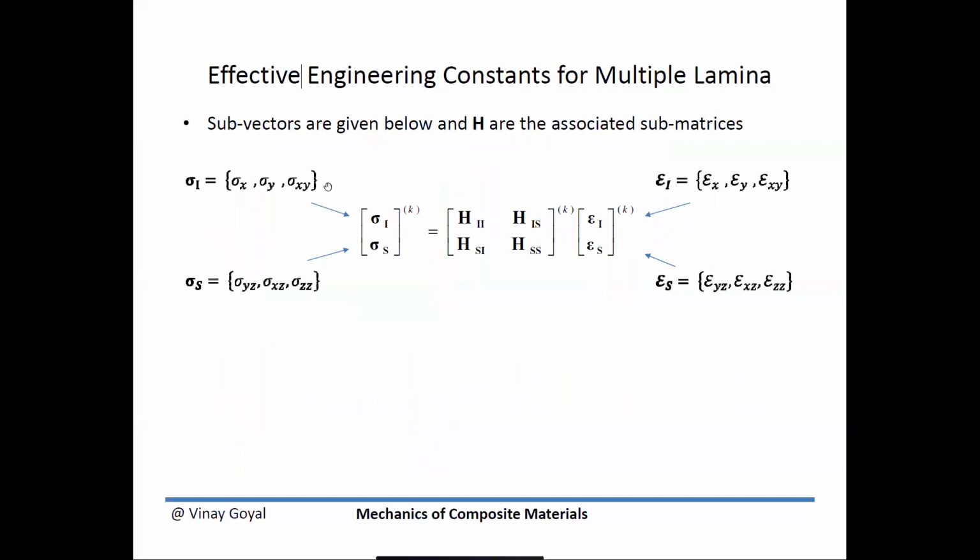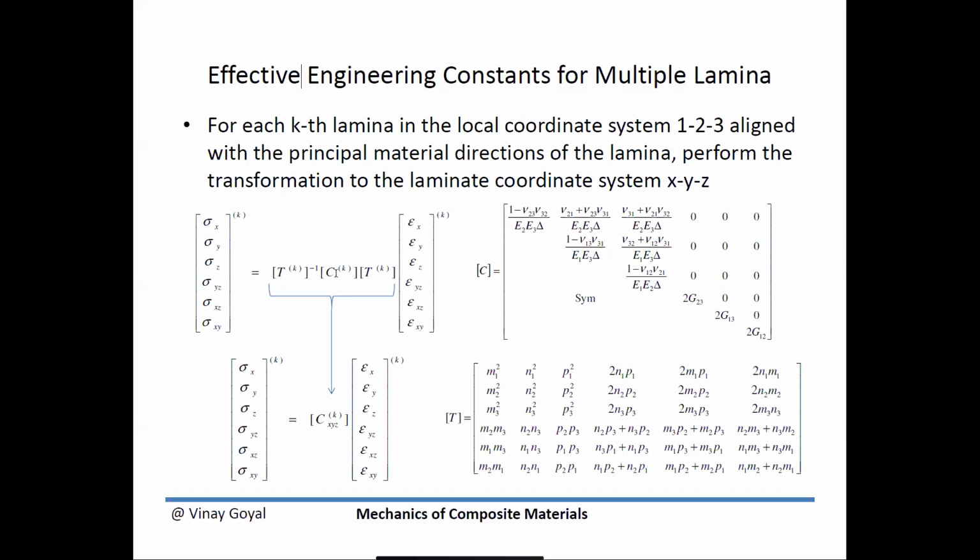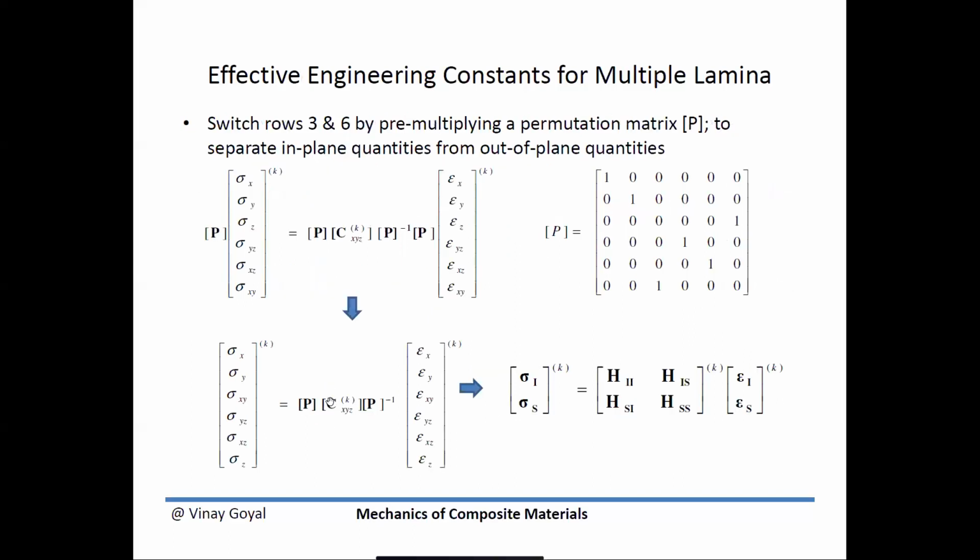Here again is an exploded view, so it's clear what we've done. This matrix is fully known. Just keep that in mind. This one is fully known because I know C per single ply. I know the ply angles, I know the transformation matrix. So I know C at the laminate orientation. So this C is fully known.